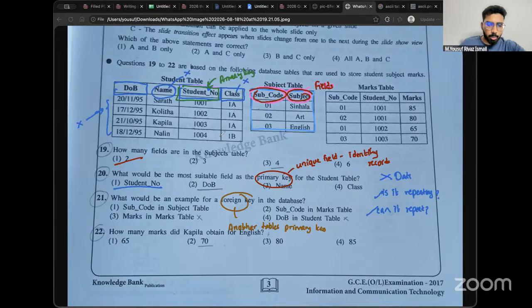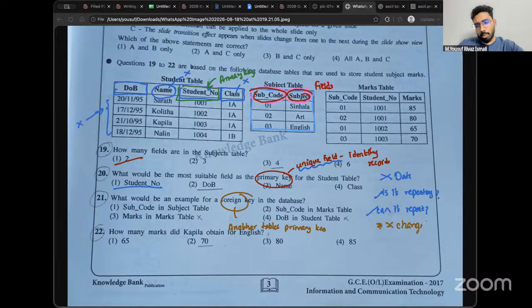Okay, I'll tell you some more parameters about primary key. Apart from the primary key being a unique field that doesn't repeat, one more unspecified characteristic we expect from a primary key, though we don't mention it loudly, is that the primary key value should be a value that will never change.